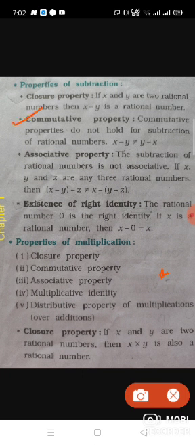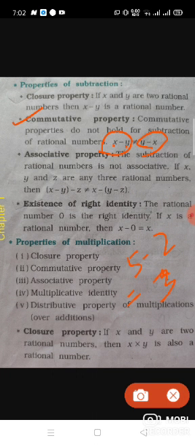Now we are going to see the commutative property. Dear friends, the commutative property does not hold for the subtraction of rational numbers, because x minus y is not equal to y minus x. Suppose x is equal to 5 and y is equal to 2. So 5 minus 2 is equal to 3.